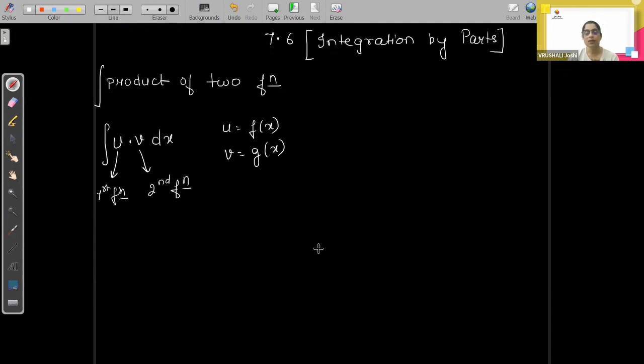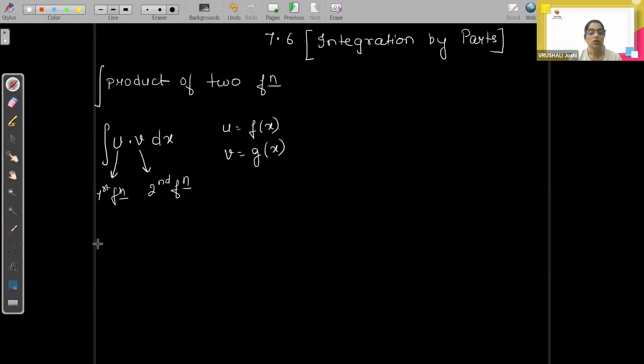Okay, then see, अभी जो formula हम करने वाले हैं to solve integration by parts, it is more convenient to say this formula exactly the way I am saying it. Try to do it exactly the same and you will remember it more easily.